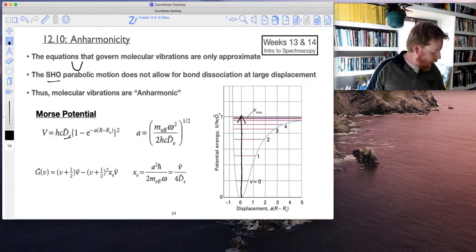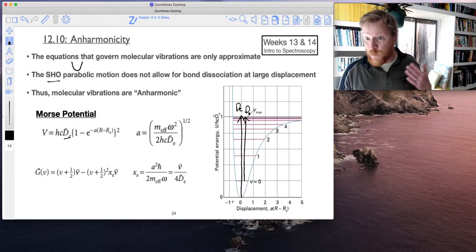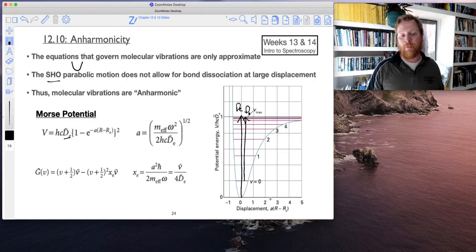And then to actually get the D0, the bond energy, a little bit of algebraic manipulation is done. We'll say that's D_e, and this one's D0. That manipulation takes us up to level nu equals 0, and it's also based on a few things we know, like the equilibrium bond length and its effective mass.